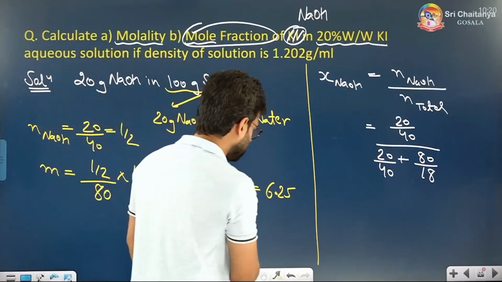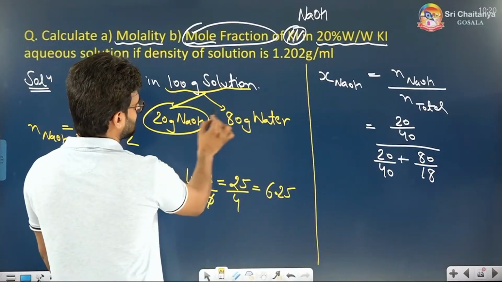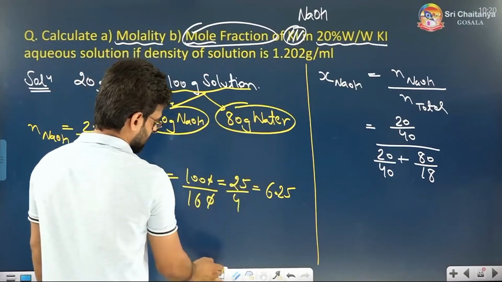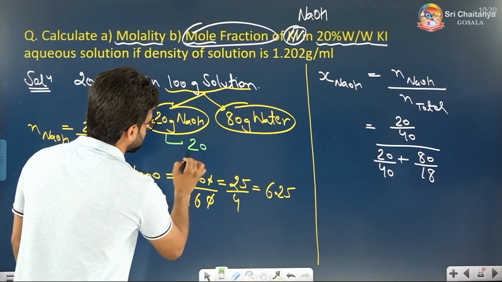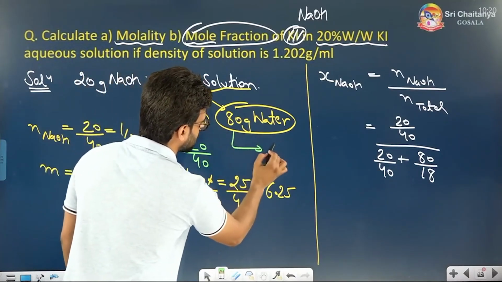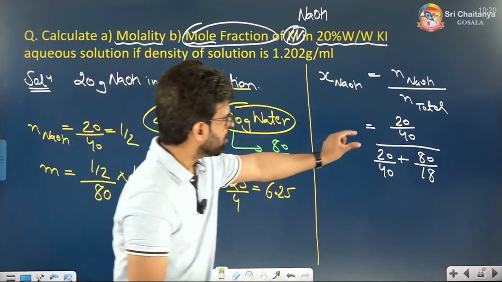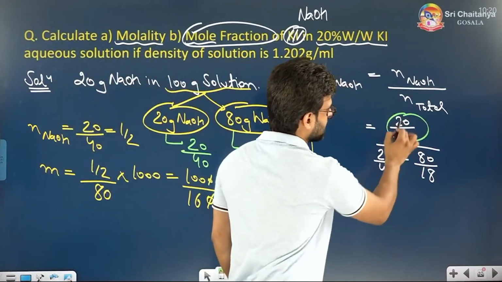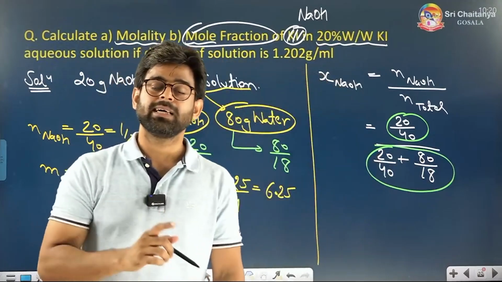I am saying once again, in this case 20 gram is the weight of NaOH, 80 gram is the weight of water. Moles of NaOH are 20 by 40, and moles of water are 80 by 18. So moles of NaOH divided by total moles will give you the mole fraction of NaOH.